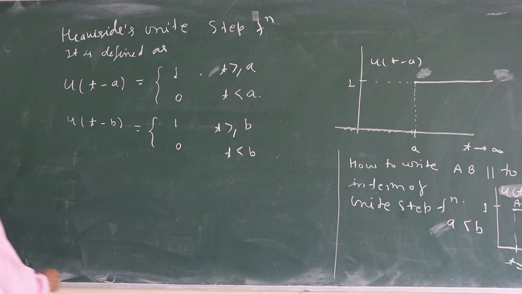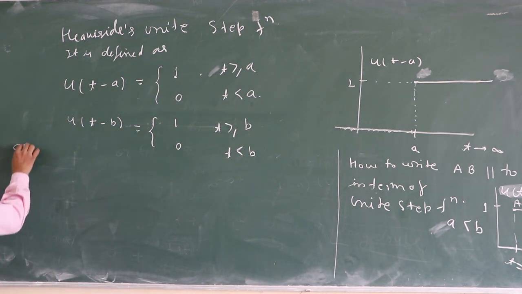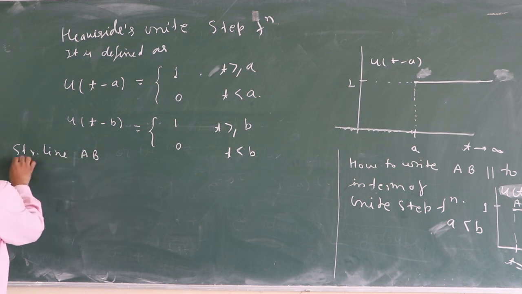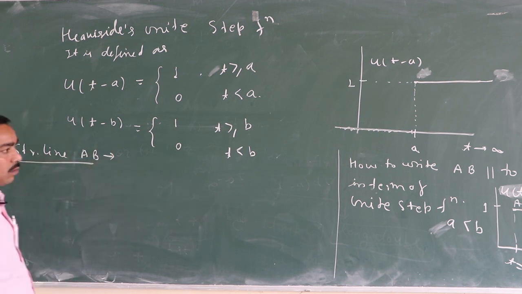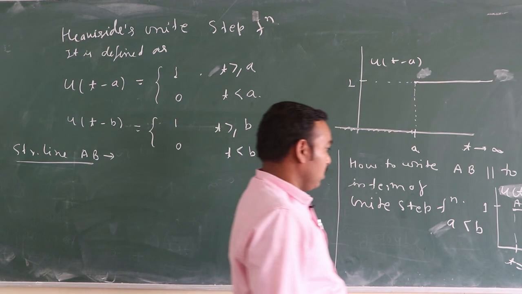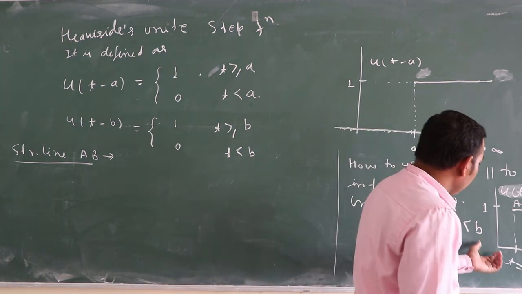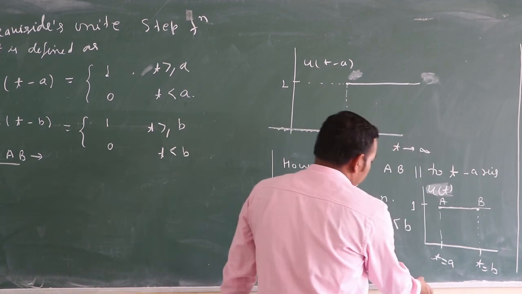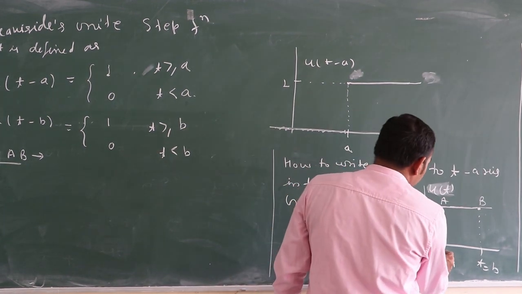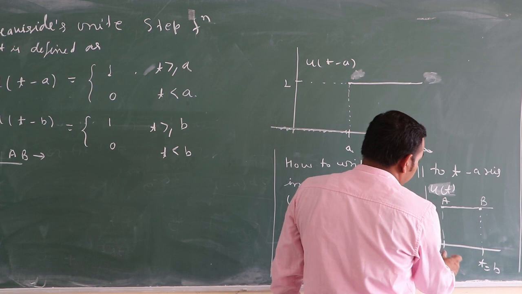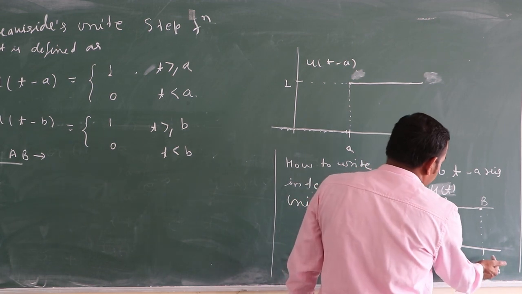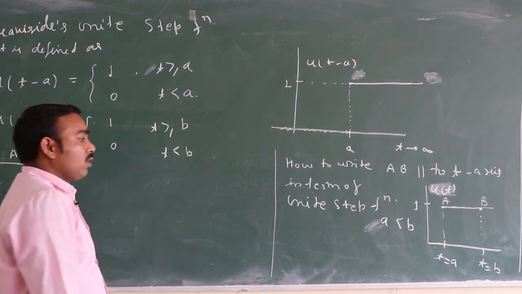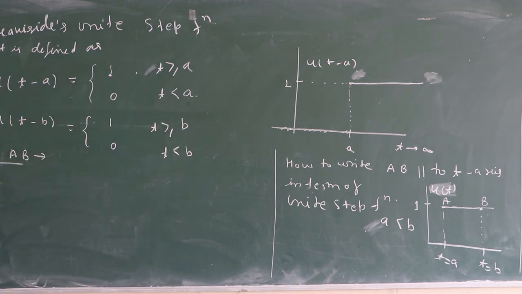So the straight line AB in terms of the unit step function: if we subtract the unit step function at the point t equal to b from the one at t equal to a, we simply get the straight line.